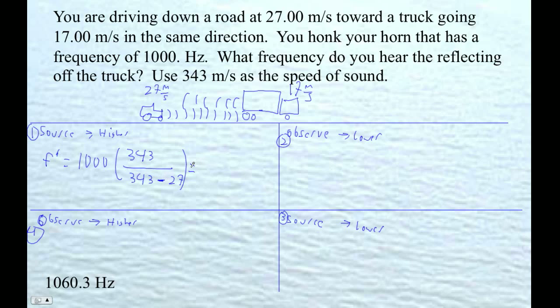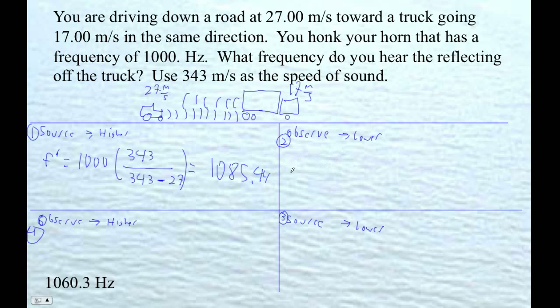Okay, so let's do that. 1,000 times 343 divided by parentheses, 343 minus 27. So that higher frequency in front is 1,085.44.